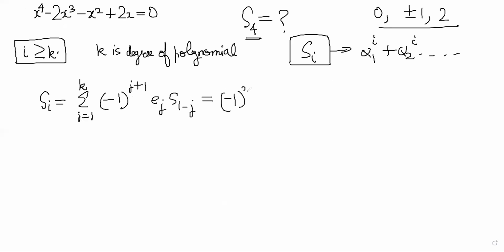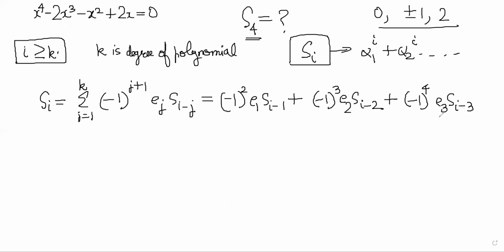Minus 1 to the power 2 E1 Si minus 1, right? Plus minus 1 to the power 3, j is 2 now, so E2 Si minus 2, plus minus 1 to the power 4 and j is 3, so E3 Si minus 3, right? And this goes on till when j is k. So minus 1 to the power k plus 1 ek Si minus k, right?